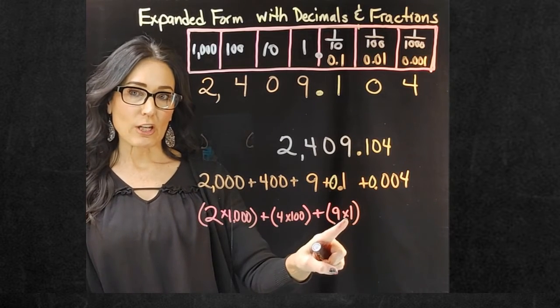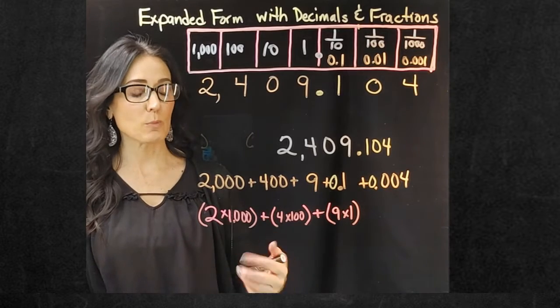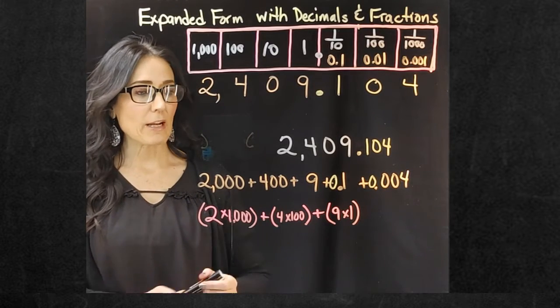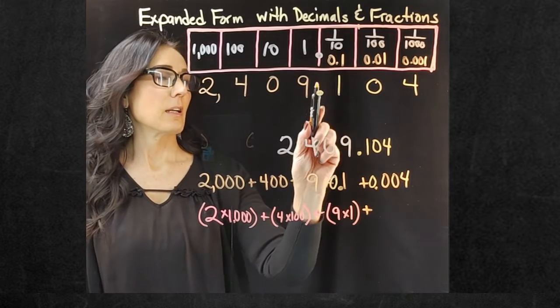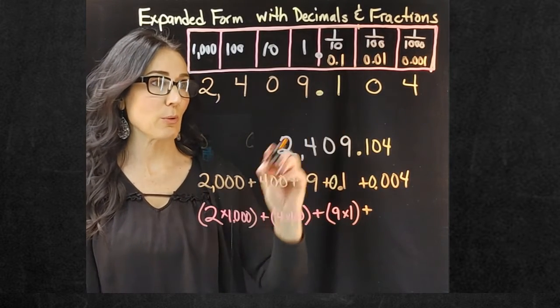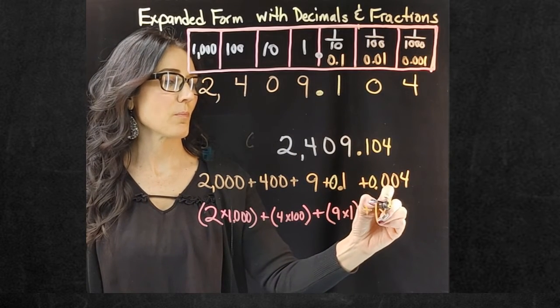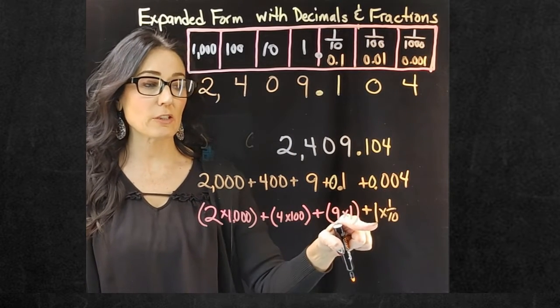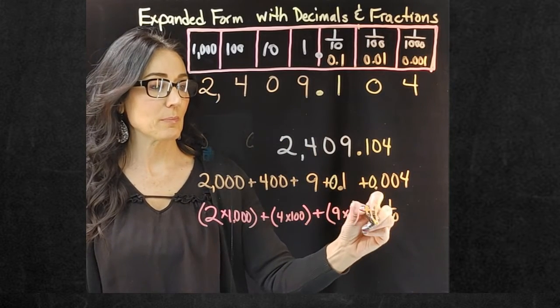So now let's take a look at what that would look like down here if we were to write that with fractions. So we would say, okay, plus 1/10. So in this case, we're going to put 1 times 1/10. We don't need our decimal there because we're multiplying it by the place value.